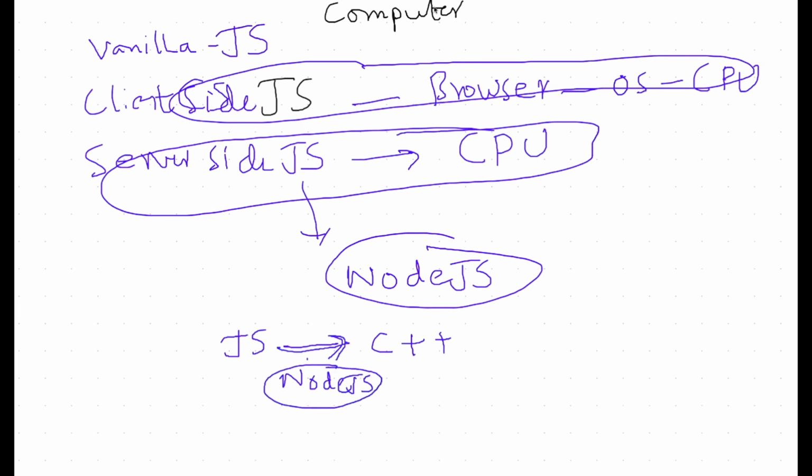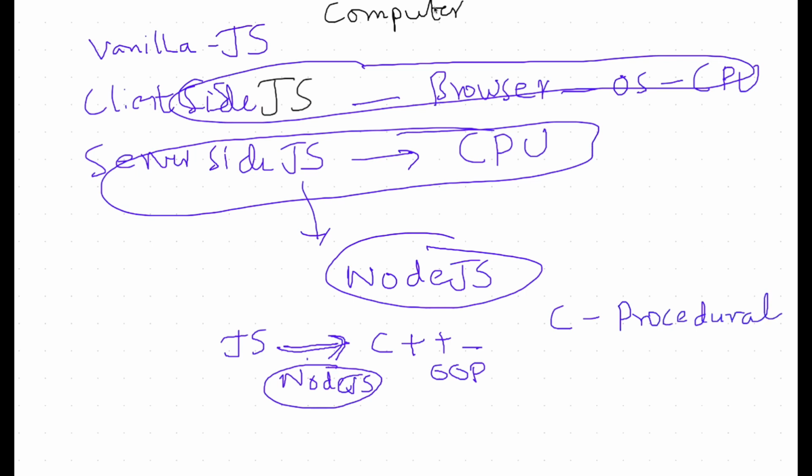Why C++? Why not C? Because C++ is an object-oriented programming language. What is the opposite of object-oriented programming language? Procedural. Stepwise.